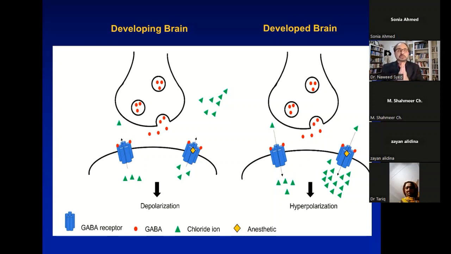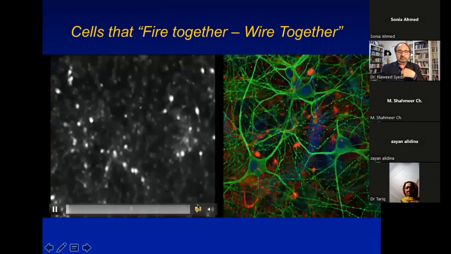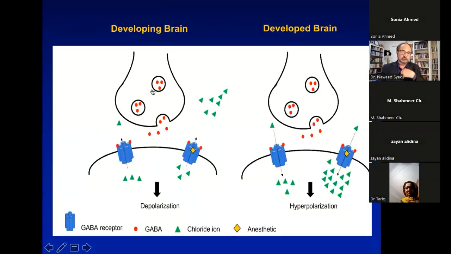But what happens during development is that GABA, which in the adult is inhibitory and gates chloride conductance, turns out in a developing brain to be an excitatory neurotransmitter. So it's really important that when we are using anesthetics, even if they are supposed to, for example, enhance GABAergic synaptic transmission, which is inhibitory, during development GABA itself will be excitatory.